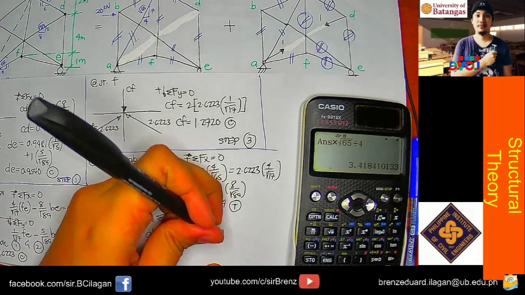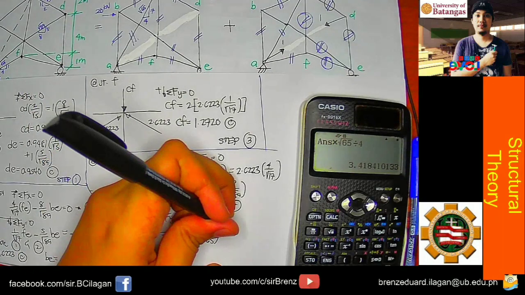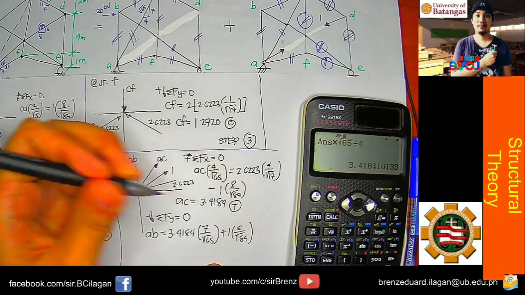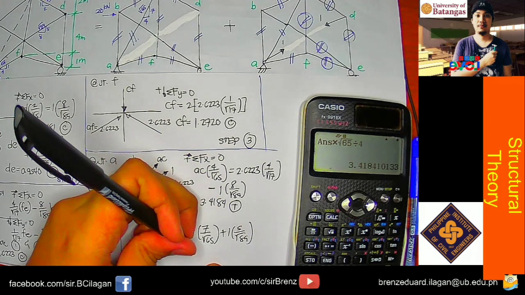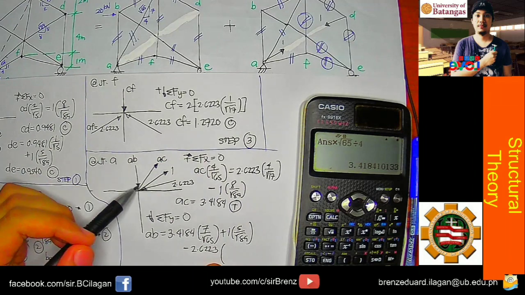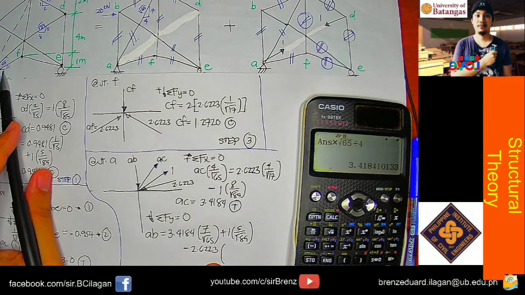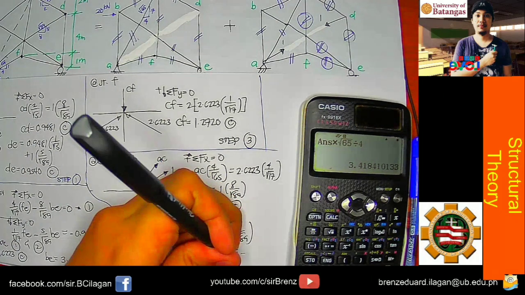So plus 1, the slope of 1 is 5 over square root of 89, so times 5 over square root of 89. And then minus 2.6223 multiplied by 1 over square root of 17.